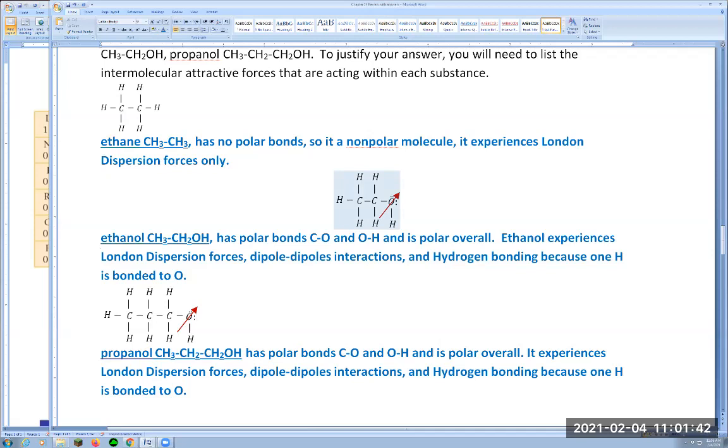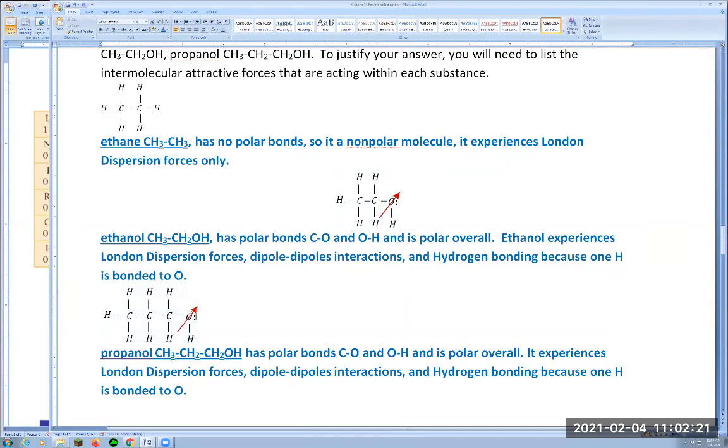The electron cloud around ethanol is smaller than the electron cloud around propanol, because propanol is a larger molecule. There are more atoms there, so there is a larger electron cloud. And when you distort a larger electron cloud, you create stronger instantaneous dipoles. So the London dispersion forces are slightly stronger in a larger molecule versus a smaller molecule. So the London dispersion forces will be slightly stronger in propanol than ethanol.